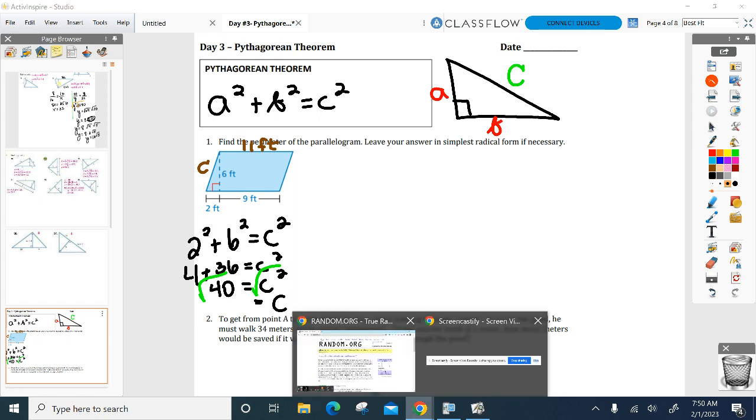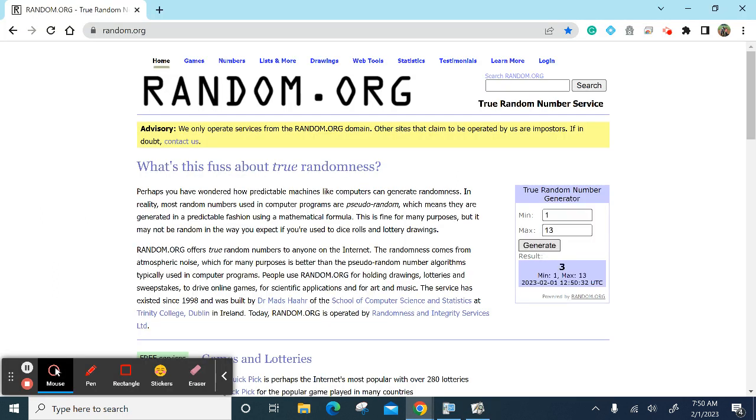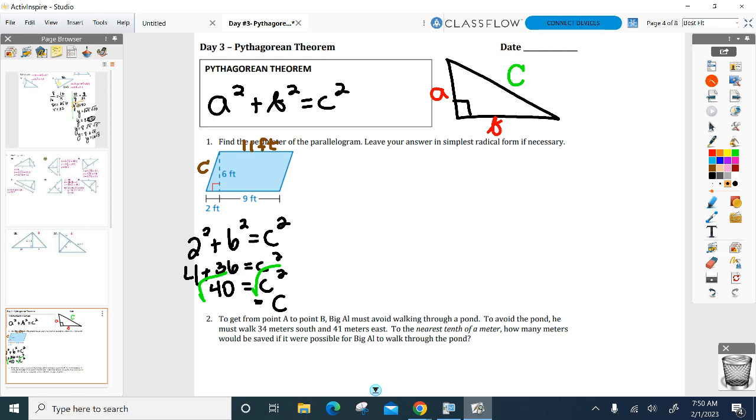What's 40 break down into? 4 and 10. Square root of 4? 2. So I got 2 square root of 10. 2 square root of 10 means the other side is 2 square root of 10.